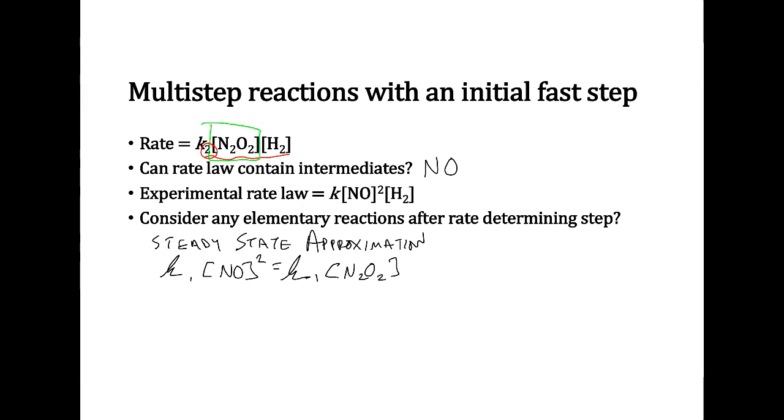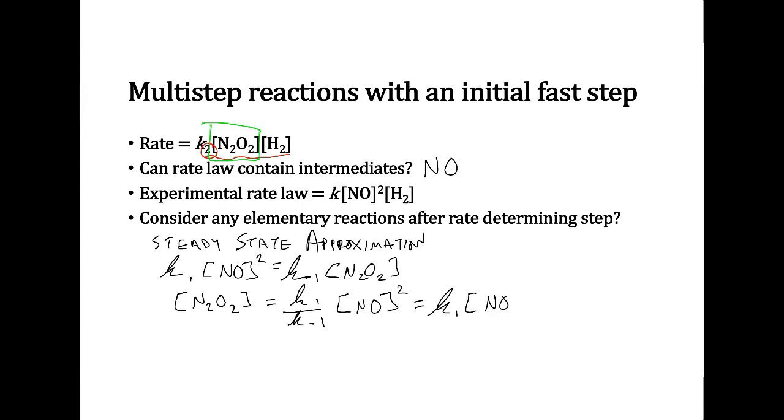So we need to substitute that term out. So let's solve this expression for the concentration of N2O2. So we have N2O2 is equal to K sub 1 divided by K sub negative 1 times the concentration of NO squared. And since K sub 1 and K sub negative 1 are both constants, we're just going to package them together into a new rate constant.